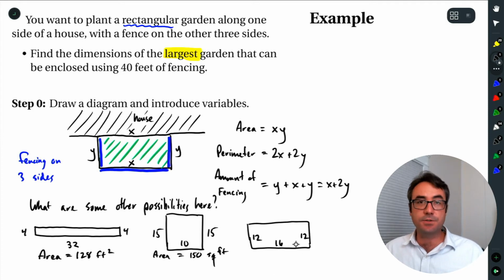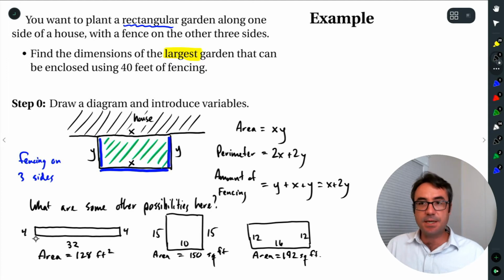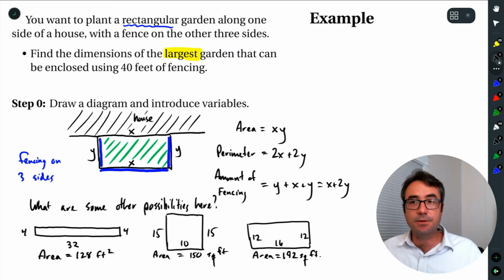So this would also take 40 feet of fencing. 12 plus 12 is 24, plus 16 is 40. And my area here would be 192 square feet.